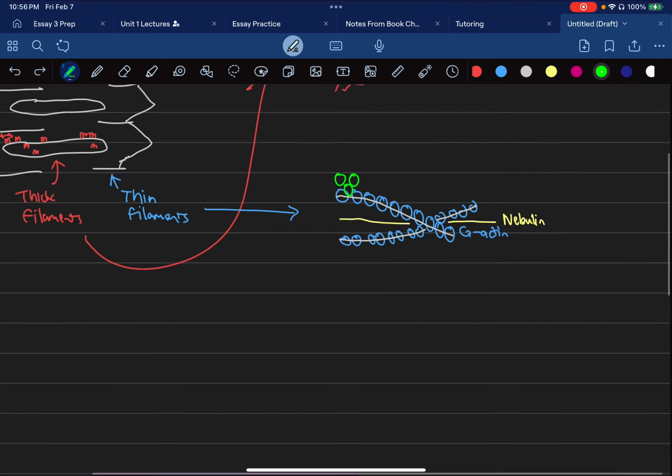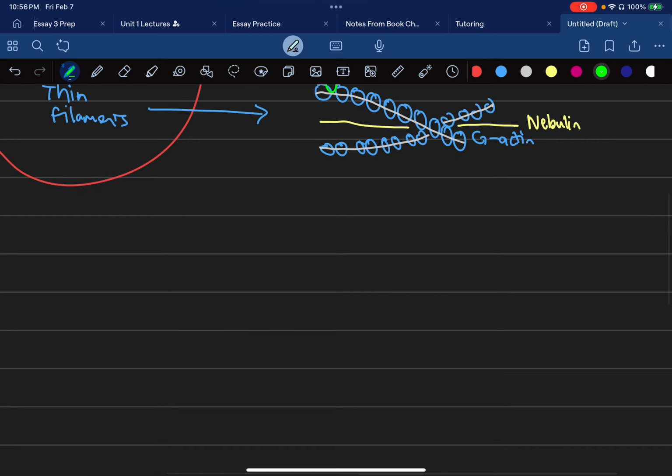So if we blow up the troponin, it has three little circles, kind of like Mickey Mouse, and it's got a C, I, and T site. The C site is going to be a calcium binding site, so calcium is going to be very important in muscle contraction. The I is going to be an actin binding site, so that's going to be binding to the actual blue circles here.